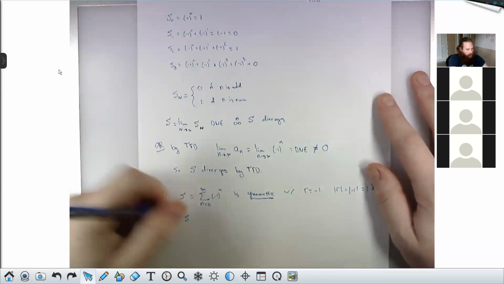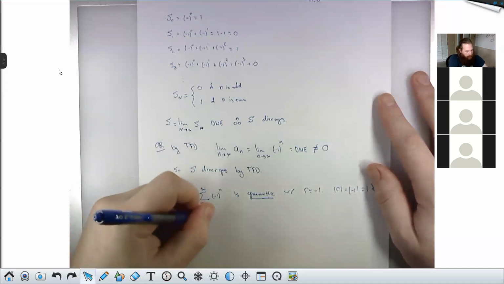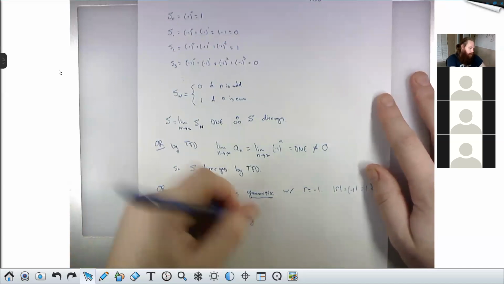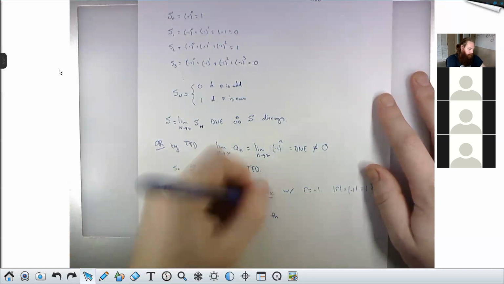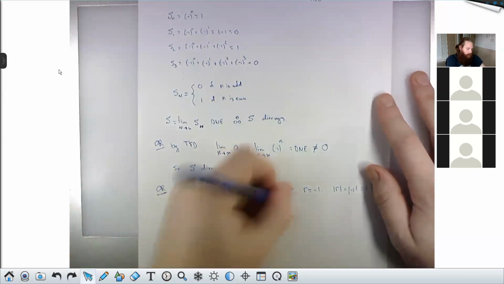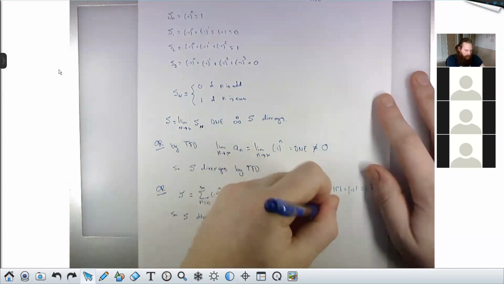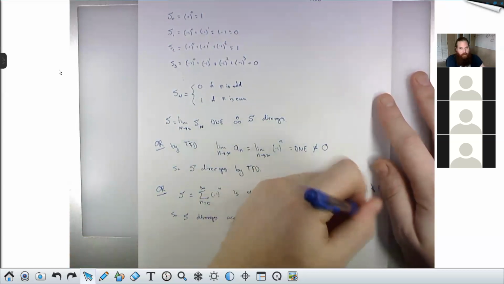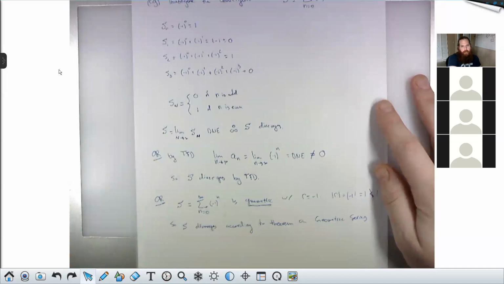So S diverges according to our theorem on geometric series. So 3 different ways to think about this one.